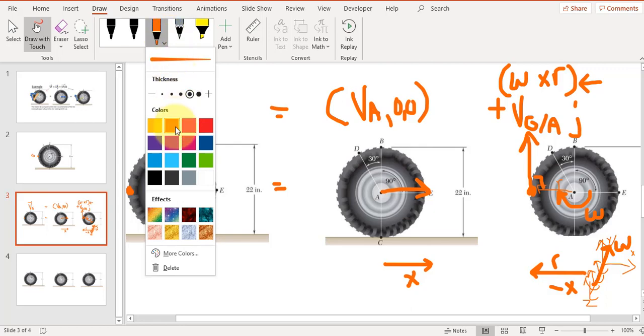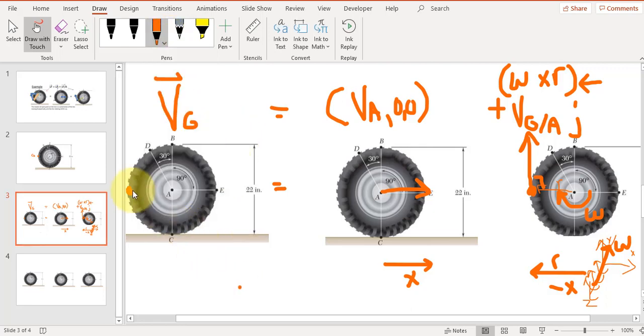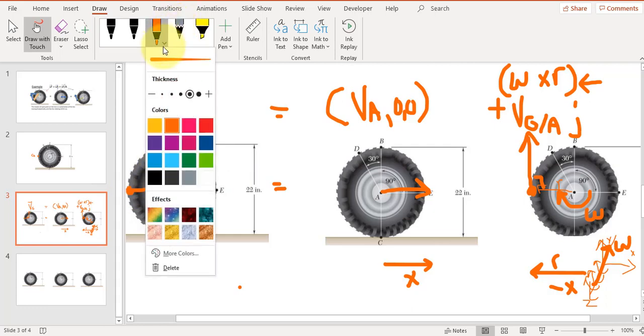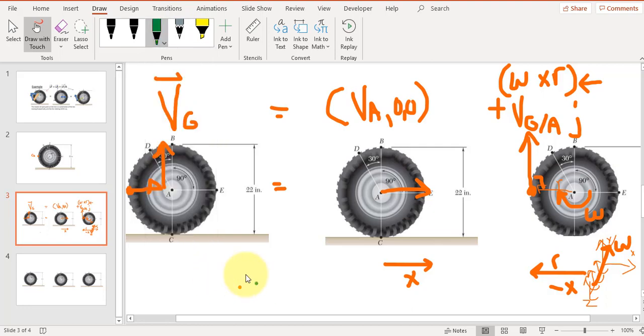So the overall velocity of G, we're going to take the velocity of A going straight forward, and G with respect to A. I'm going to add these head to tail, so that the overall motion of G is going to be some combination of the thing going forward and the thing rotating. So that would be the overall direction of that velocity. And we'll crank through those.